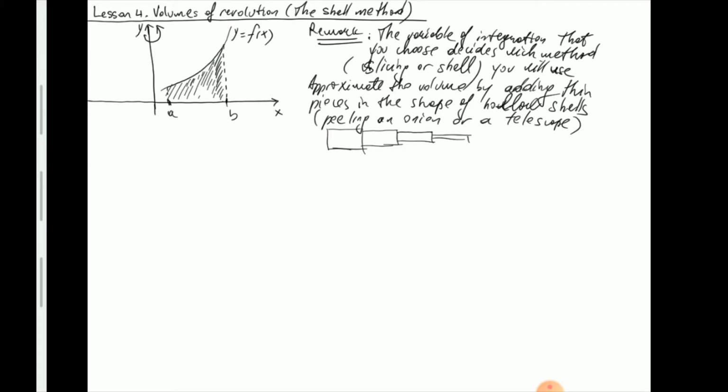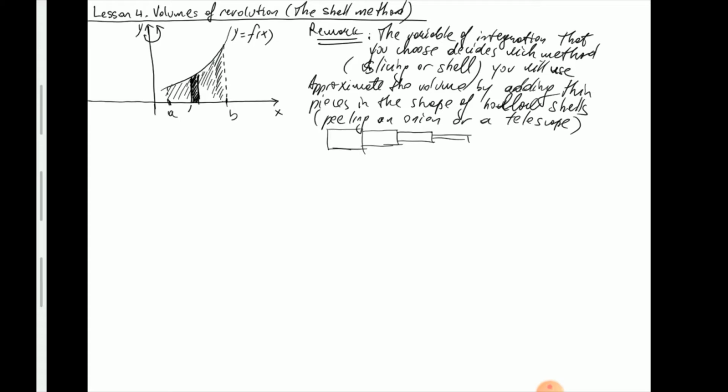So in this case, if the rotation is about the y-axis, consider a typical edge of the shell at coordinate x. So basically the split will be over the x-axis this time around. So a typical shell at position x will look like this.